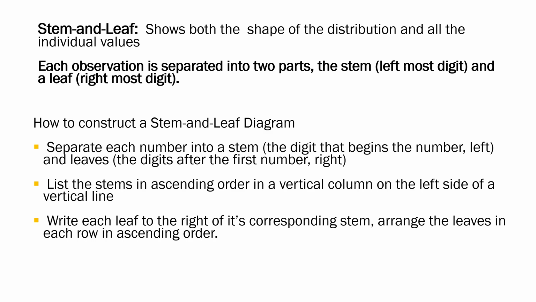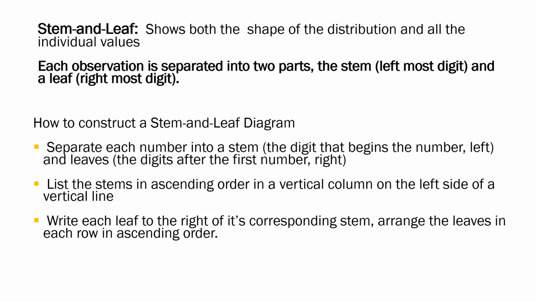First, you'll get a list of numbers, and you're going to separate each number into a stem, the digit that begins the number, which you put off to the left, and then the leaves, which are the digits after the first number, and we're going to throw those off to the right. So you list the stems in ascending order, smallest to largest, in a vertical column on the left side of a vertical line. And then on the right side of it, you write each leaf that corresponds to the stems.